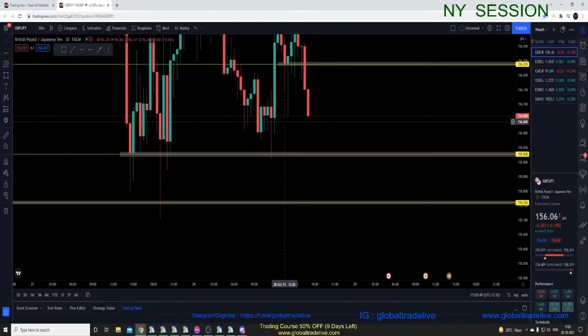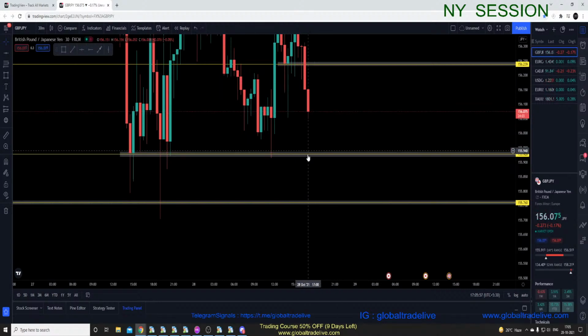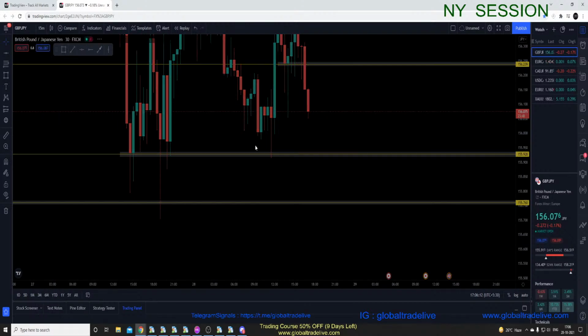Once this candle breaks this low, it should be moving down. But we need to be very careful when this candle approaches this zone. The reason is all these previous candles went down, but they all failed to maintain their price below. So we need a candle to close below 155.928 to execute sells.